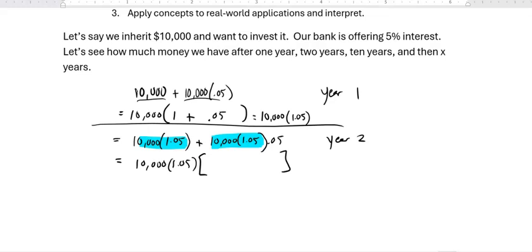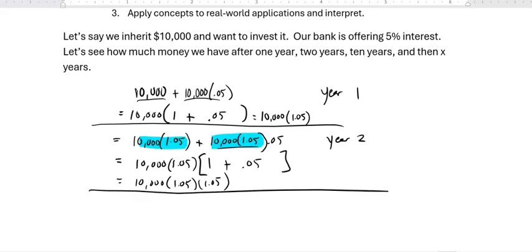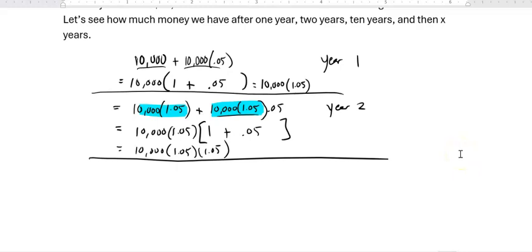So I'm going to factor that out, 10,500 or $10,000 times the 1.05. And what does that leave you with? Well, you factored this whole thing out, so it leaves you with the 1. And this got factored out, so it leaves you with the 0.05. So at year 2, I have the 10,000 initial dollars times 1.05 times 1.05. Okay, so you might see where an exponent's coming into play here. All right, let's do one more time, and then we'll have our formula, I think.